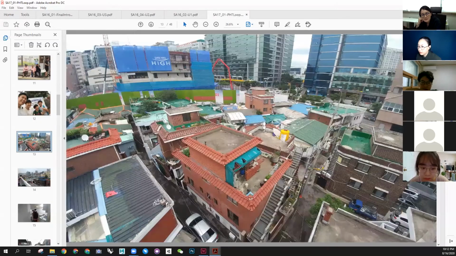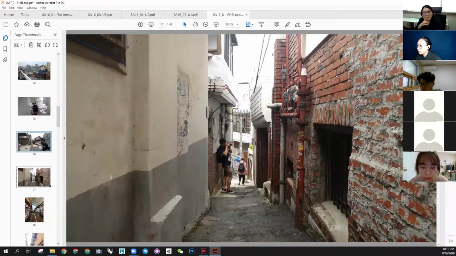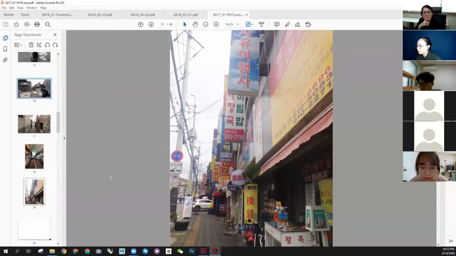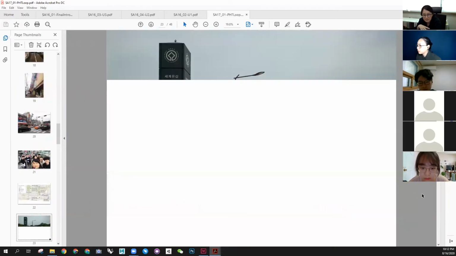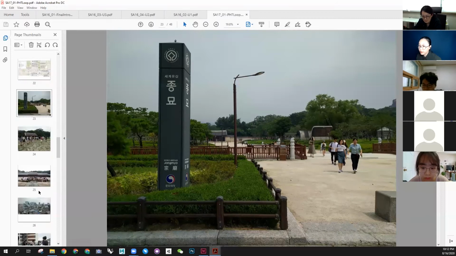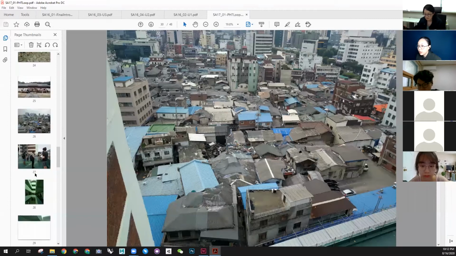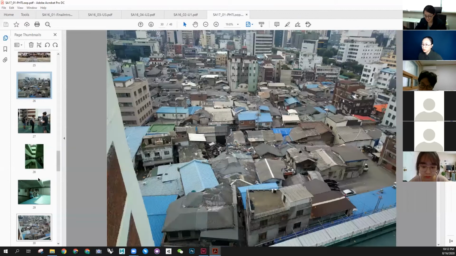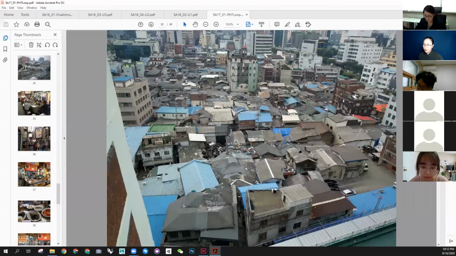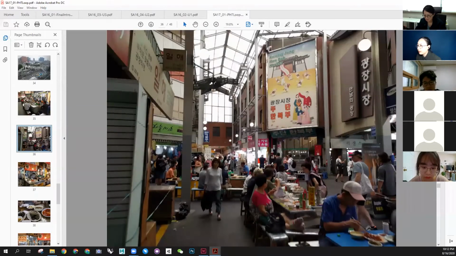Students were very much enjoying visiting that area, looking at their historic buildings, taking pictures, and also gathering information. Also, this is Sewan, Sangha. We were also doing site trips, looking at different historic areas of Seoul. Of course, we are going to miss these kinds of activities this year, and hopefully can have that back next year.